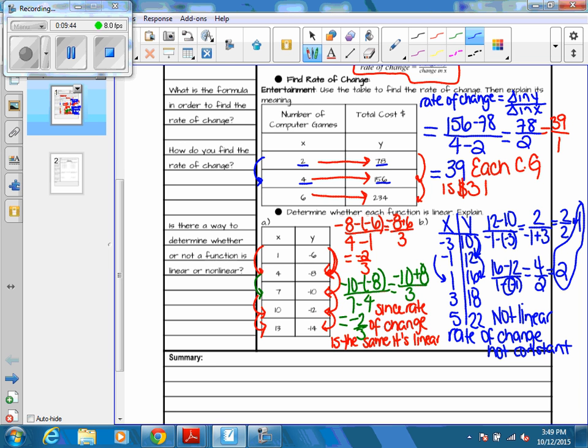So this will make a little bit more sense once we flip this paper over. So let's look at the next page.